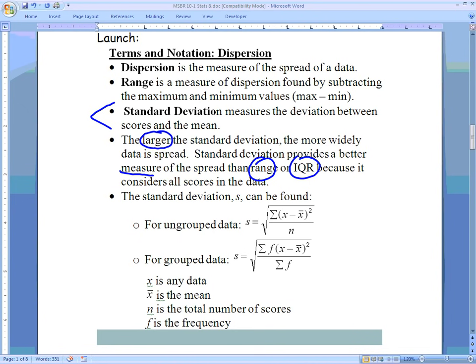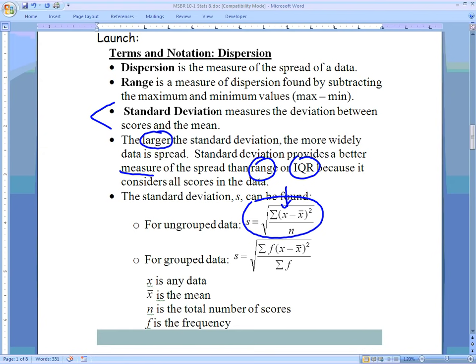For ungrouped data, we have this formula: S equals the square root of the quantity, sigma, which is a Greek letter we've talked about before, and it means sum, of x, which represents any piece of data. If you have 4 pieces of data, you'd have 4 different values for x.